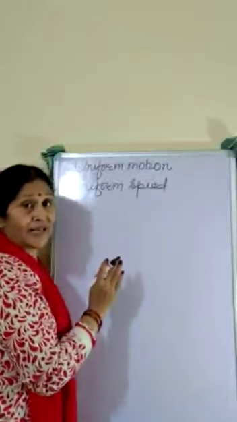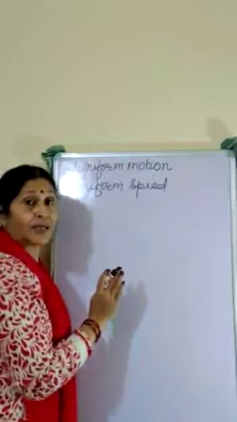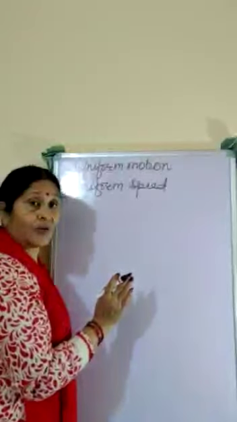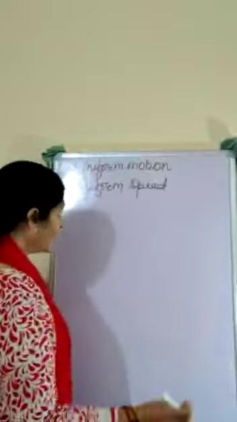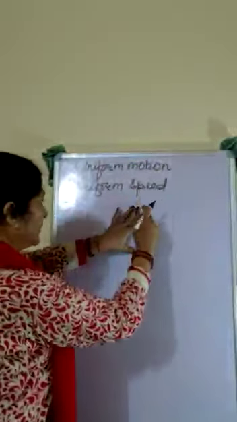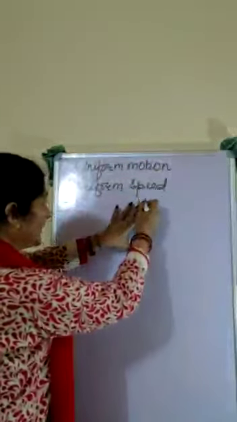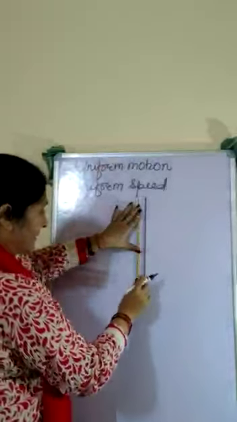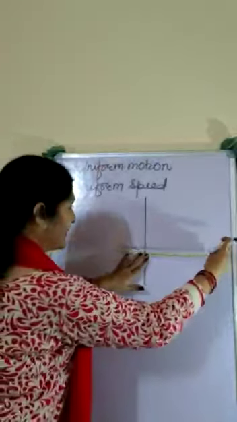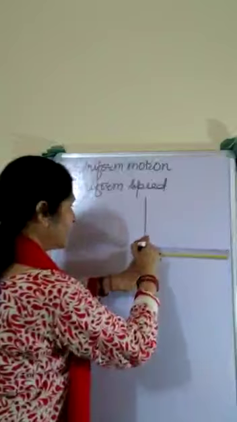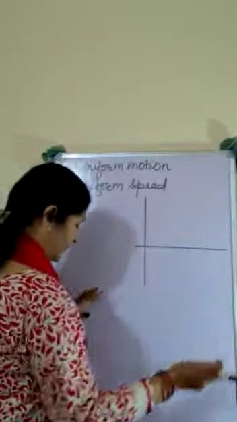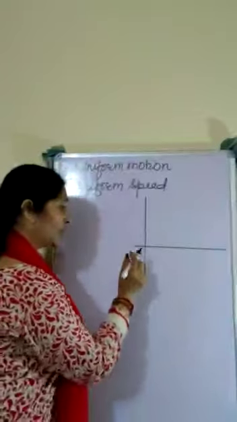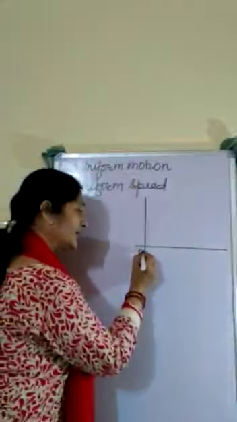First we will take the case of a body at rest. How will we plot it? Let us see. Here we will take two coordinate axes. This is the y-axis and this is the x-axis. And this will be the initial point.